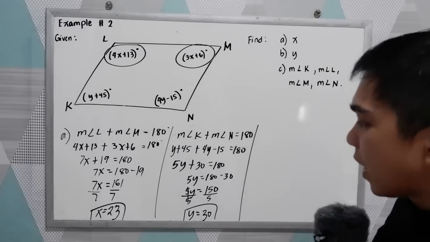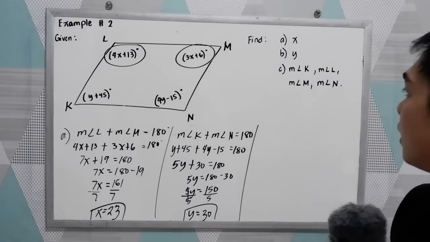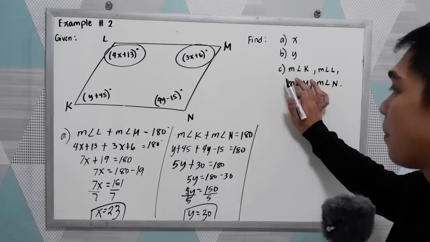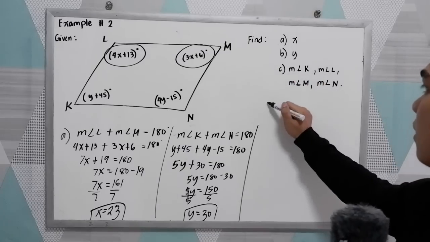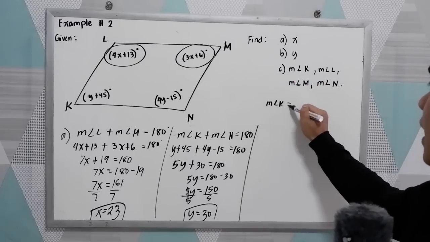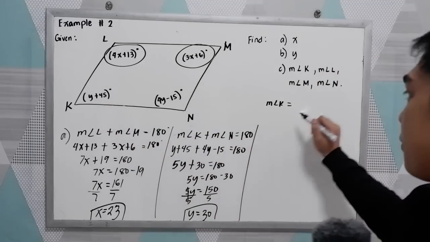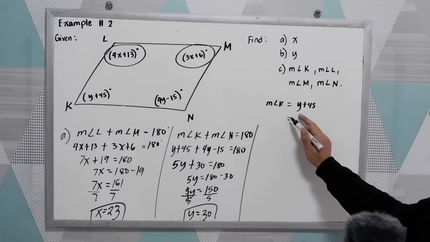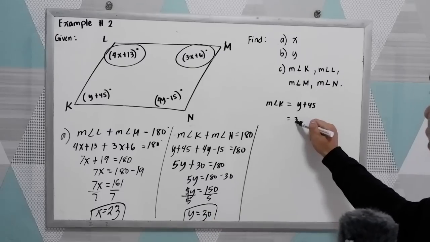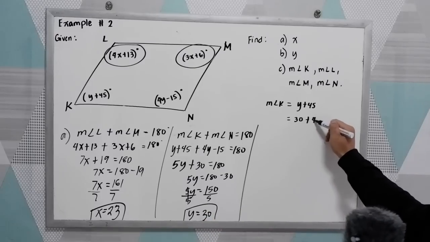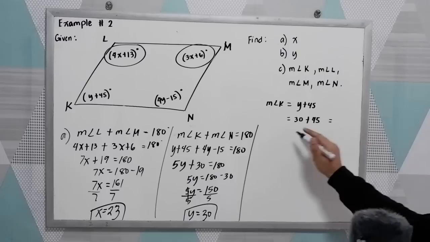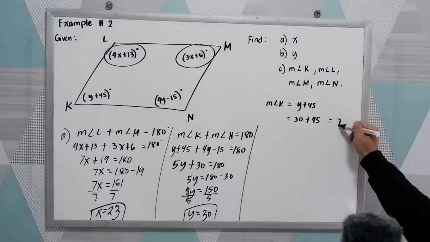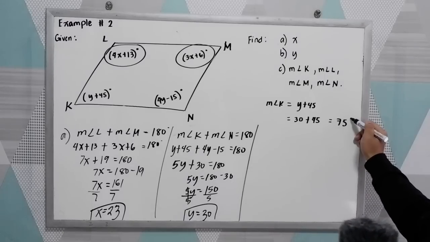Since we now have values for x and y, we can get the following angle measures. For angle K, measure of angle K is equal to y plus 45. So substitute, our y is 30, plus 45. 30 plus 45 is 75 degrees.